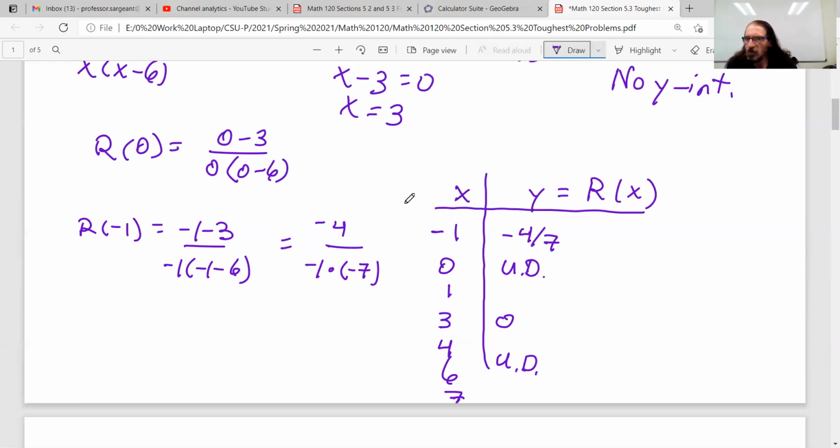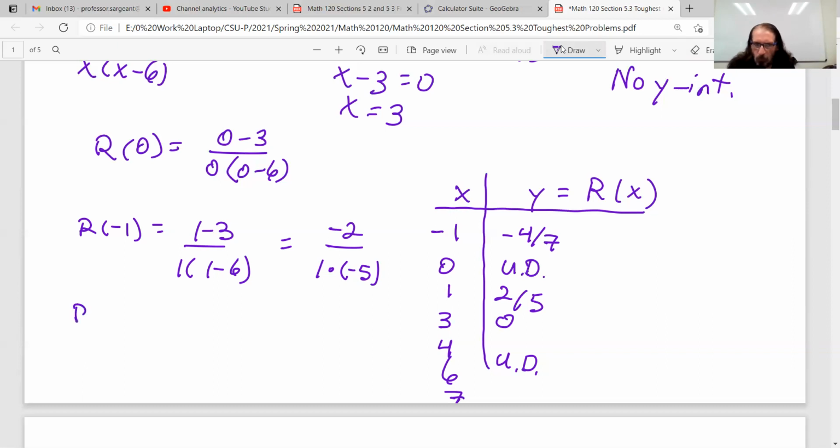And then when we put in positive 1, we're going to have negative 2 over 1 times negative 5. And the negatives will cancel. We've got 2/5 or 0.4.